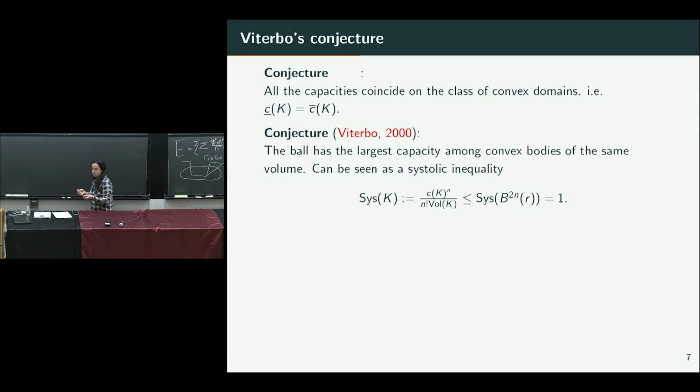So if the Viterbo conjecture holds for the Gromov width, the first conjecture would imply the second conjecture. So this is why these days it is known as the strong Viterbo conjecture.